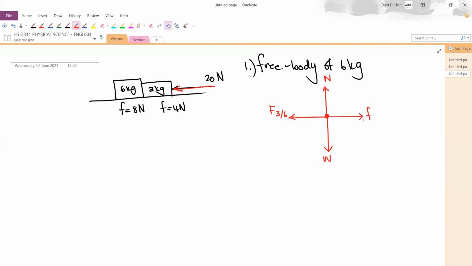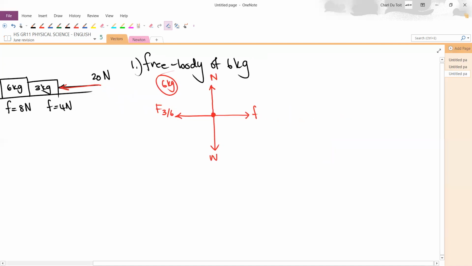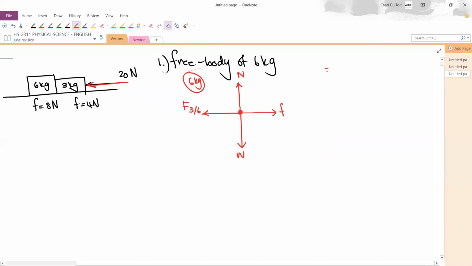Okay, so this is a 6 kg block. Then there's also a free body diagram we can draw of 3 kg if we have to. Well, you'll have to do that in order to do the sum. There's also a normal force. There's also a weight component. Then to the left, there's force applied.